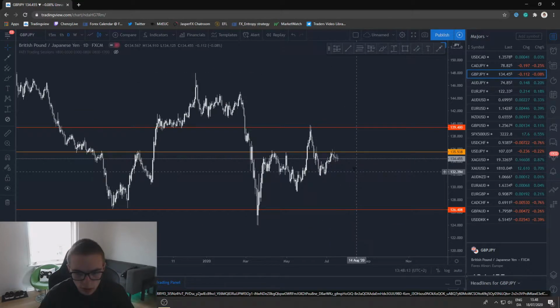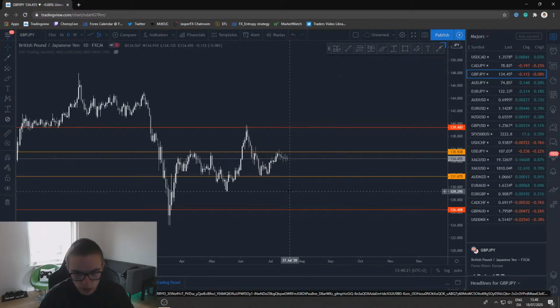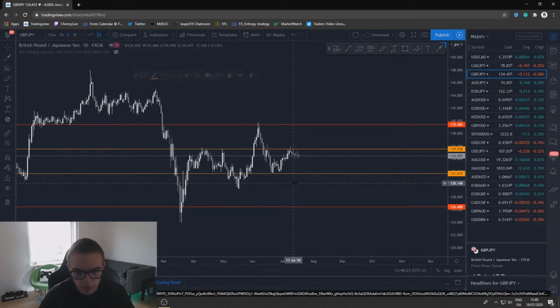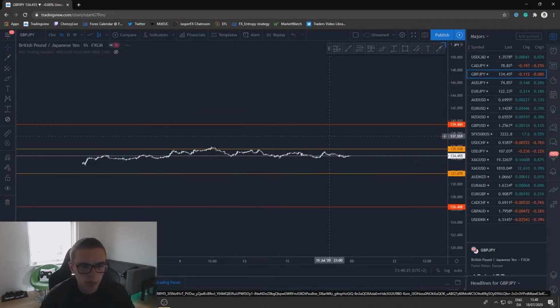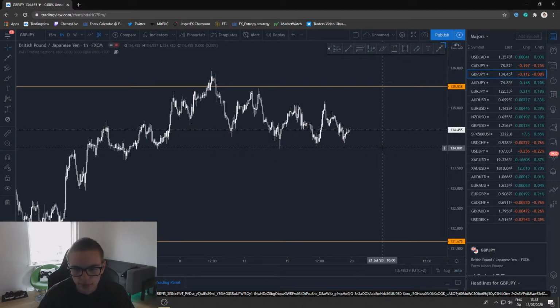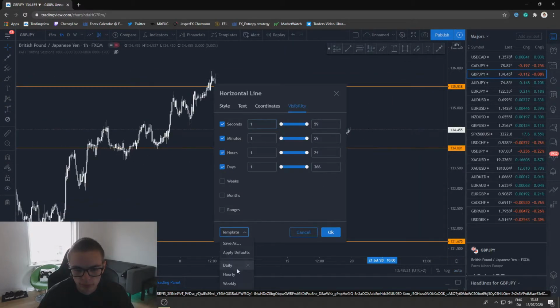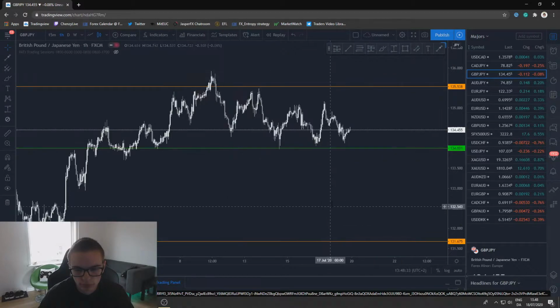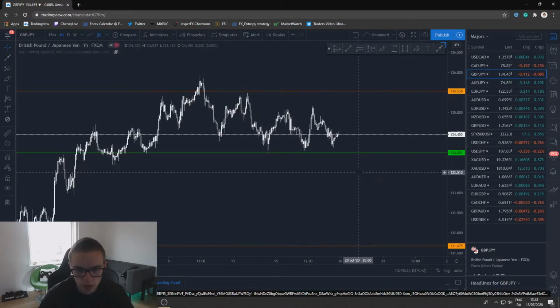Now marking the daily levels. Can sometimes be a little tricky to find the best level, but doesn't have to be perfect. And then finally we mark out the hourly.